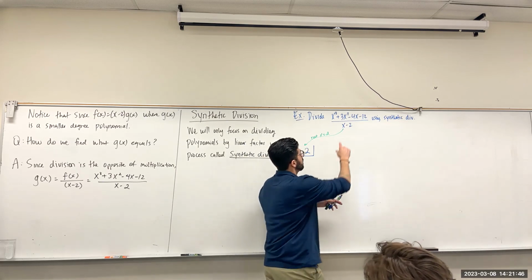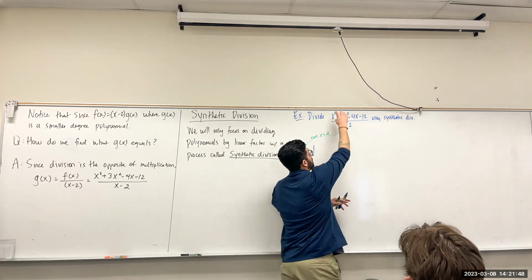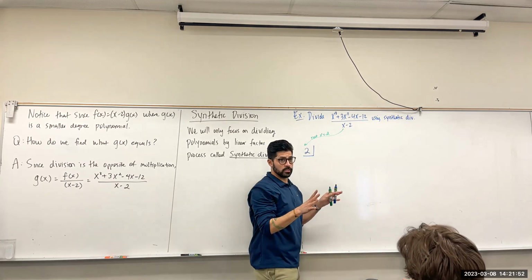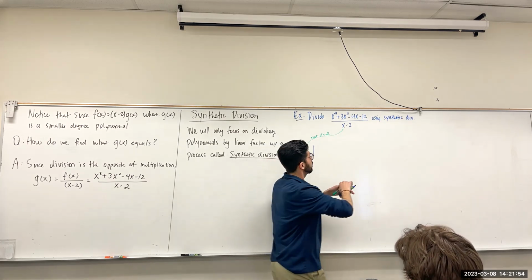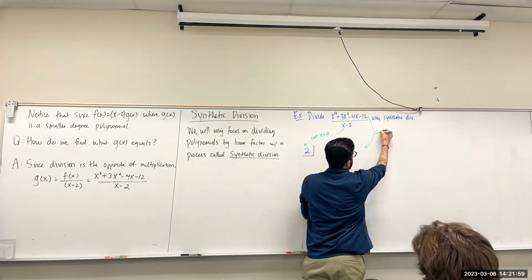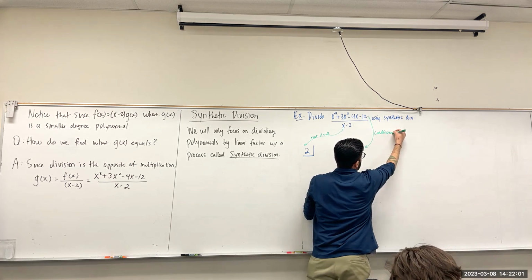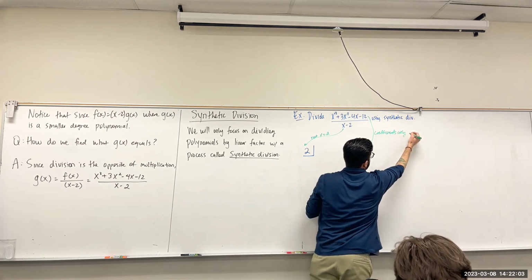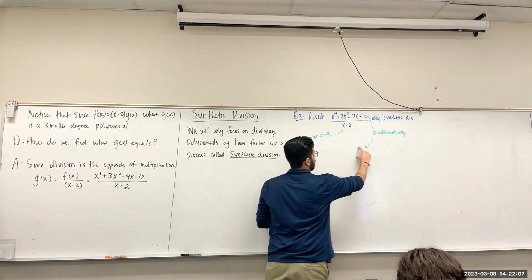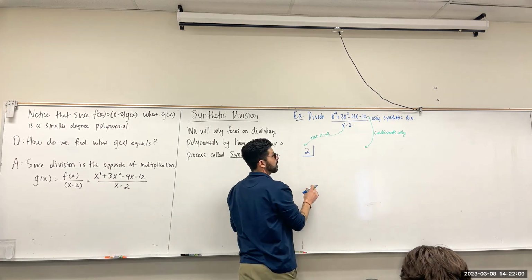Then what you're going to do is divide this guy by this one, but it turns out all we're going to do is use the coefficients of the polynomial. So you grab the coefficients only, and you put them horizontally in descending order.